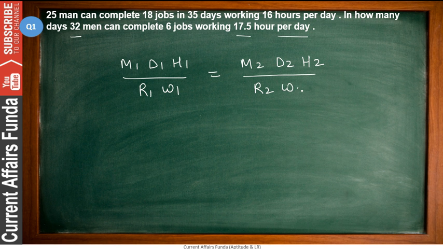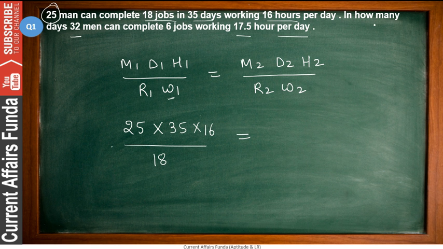25 men, so the value of men will be 25, into 35 days. They complete 18 jobs, so the work is 18, which goes in the division section. 16 hours per day, so the hours value will be 16.